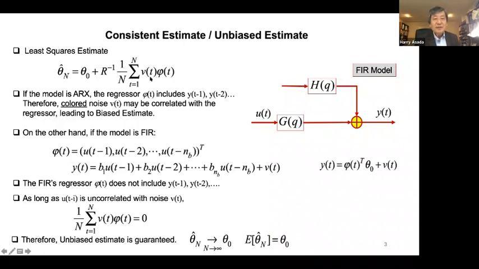Now, this V t is not actually e t. V t is colored, so it reflects the previous values, and it's dragging many things. So there's a good chance that V t and y t minus 1, y t minus 2 may be correlated. That's actually the reason we did a very careful job in doing that, right?